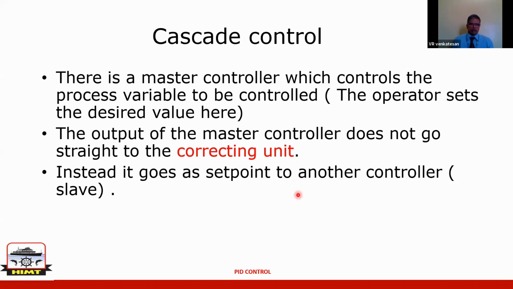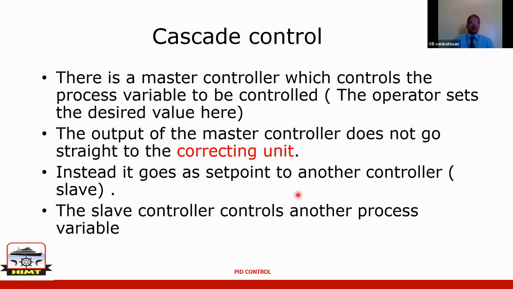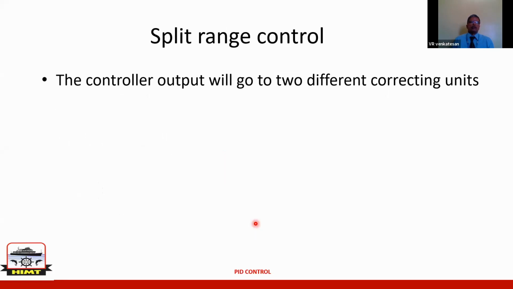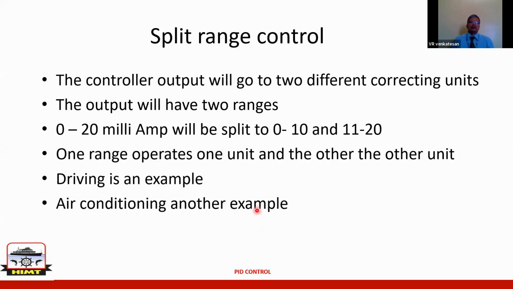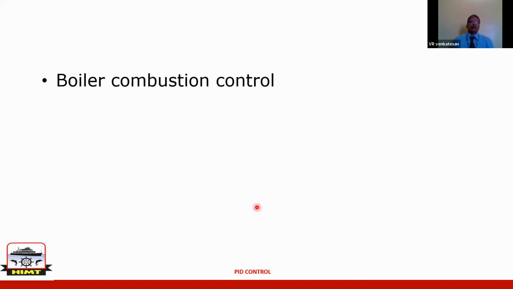The slave controller will be controlling another variable, and it is the slave controller which moves the actuators or correcting unit. So instead of the master controller doing the job directly, it will be done by master and slave. And boiler combustion control is a very good example of it.